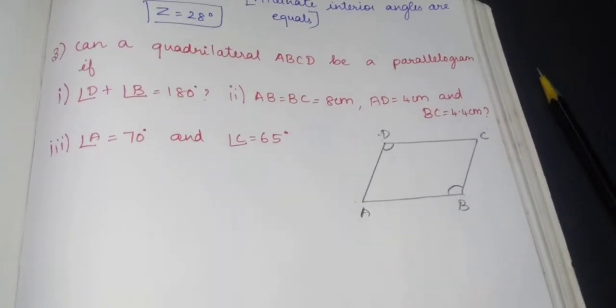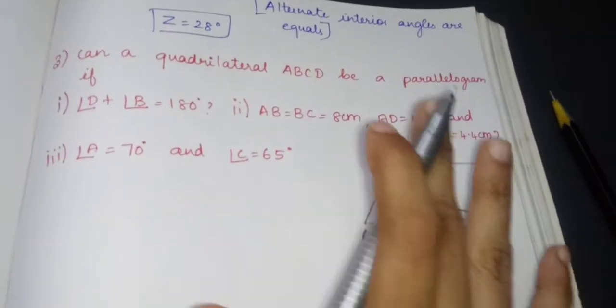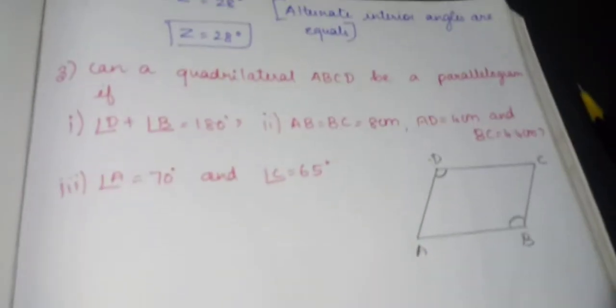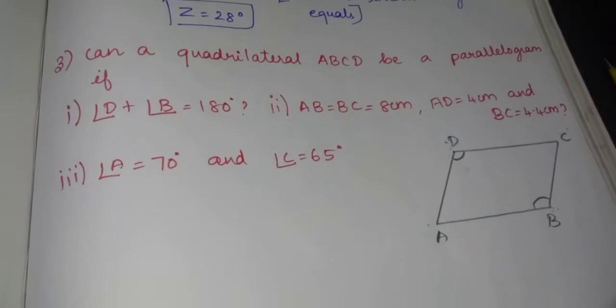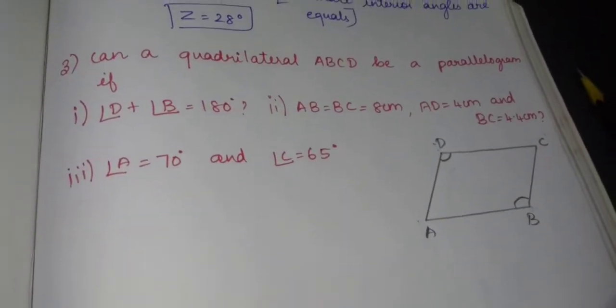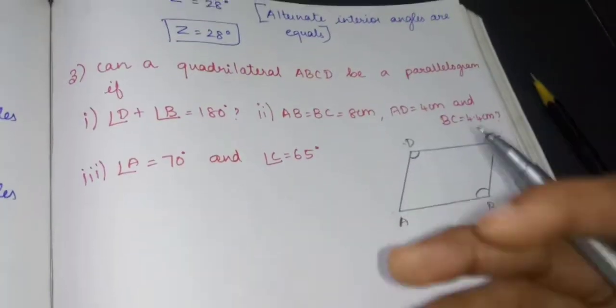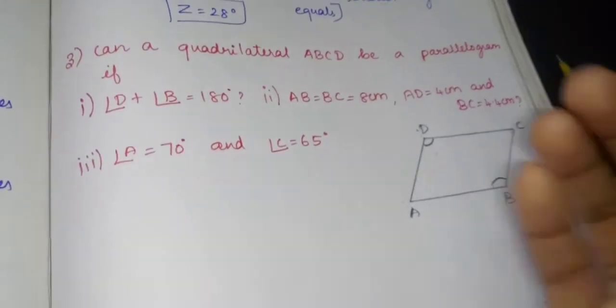We should say that ABCD is a parallelogram. That is our condition. But we cannot strongly say that ABCD is a parallelogram. Why? Because it should be proved more properly. Okay.